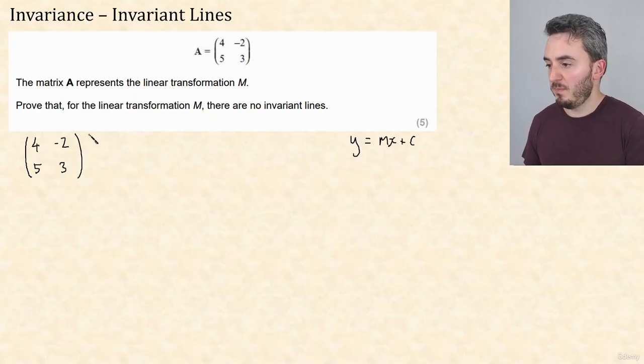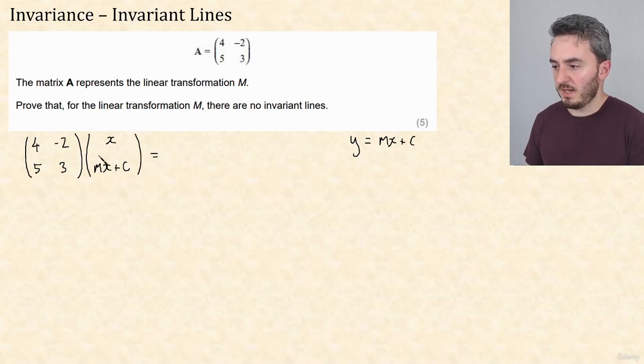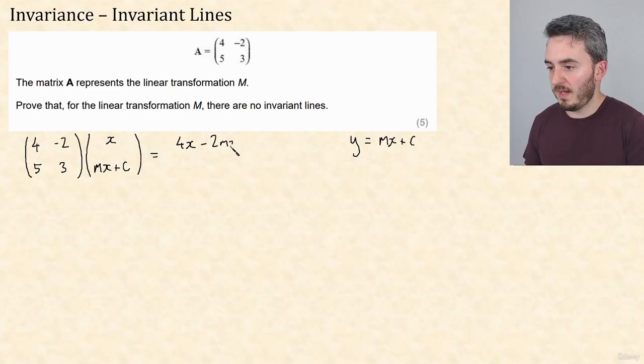And so we say, if we pick a random point on that line with an x coordinate of x and a y coordinate of mx plus c, let's see what we get. Well, we get 4x minus 2mx minus 2c, and the new y value is 5x plus 3mx plus 3c.